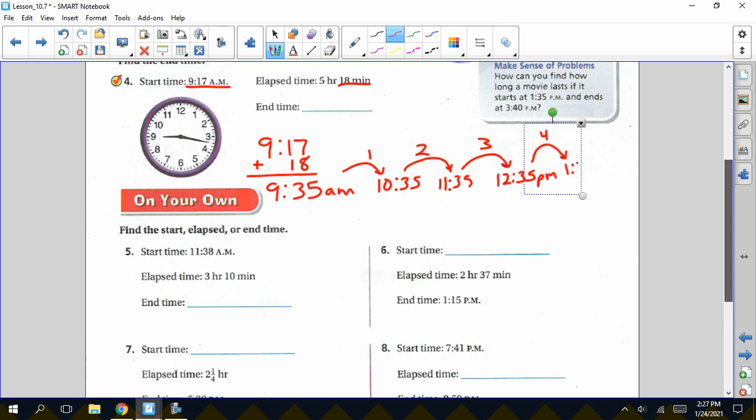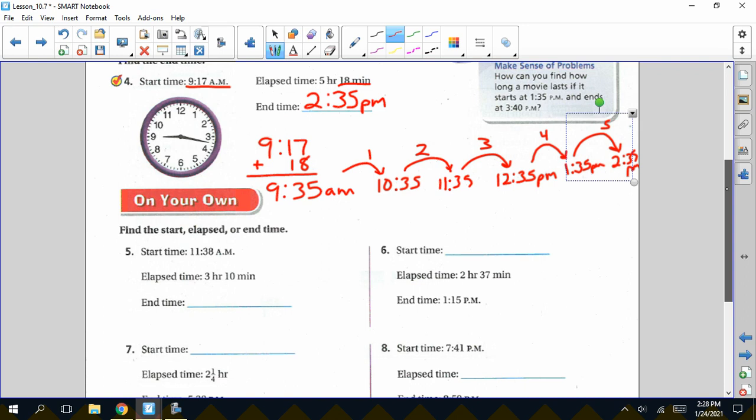We're at 1:35 p.m. And one more hour, the 5th hour, gives us 2:35 p.m. End time would be 2:35 p.m. So you could use a number line to count your hours that way.